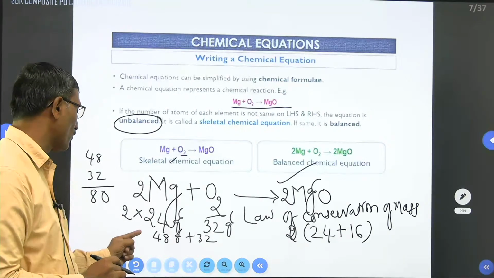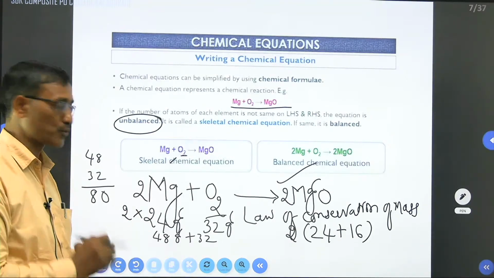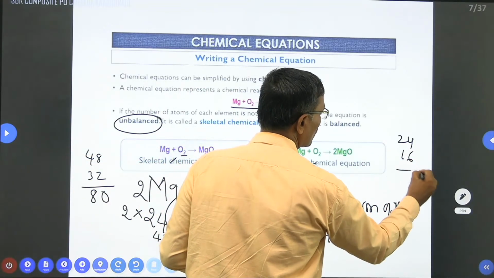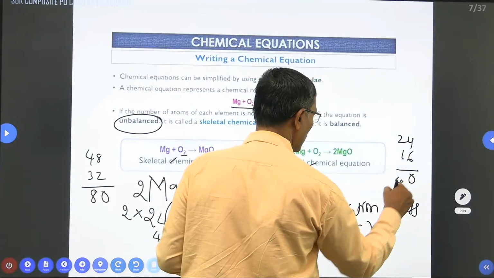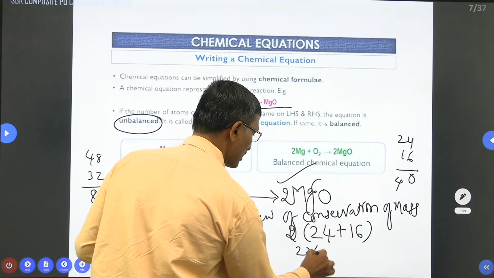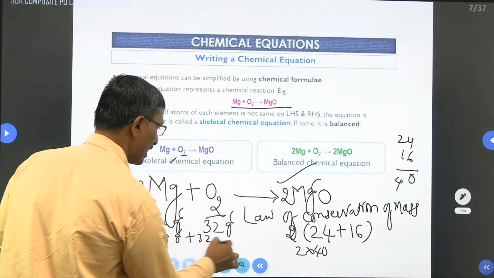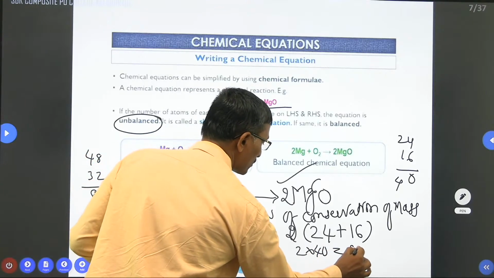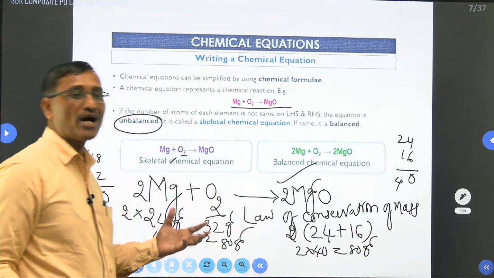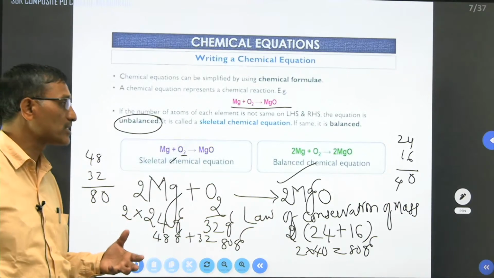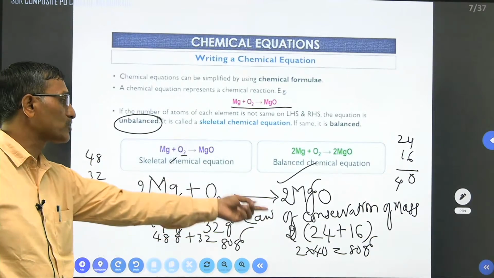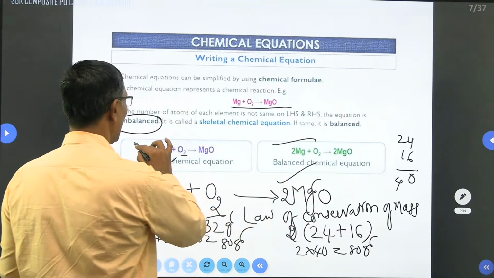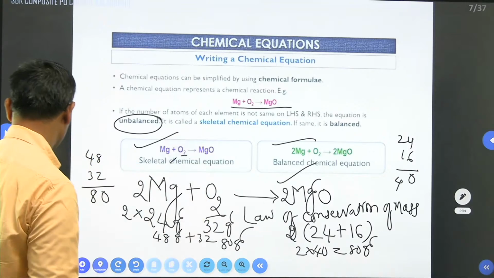Coming to this side, 24 plus 16 is 40, and 2 into 40 is again 80 gram. This side 80 gram, that side also 80 gram. So the total mass of the reactants is equal to the total mass of the products. That way it is known as a balanced chemical equation, and this was the unbalanced chemical equation.